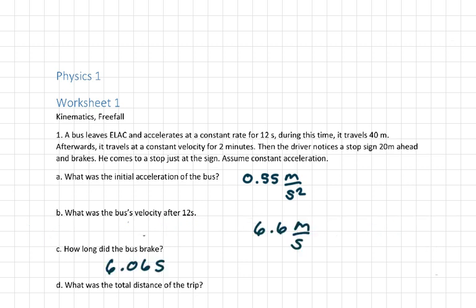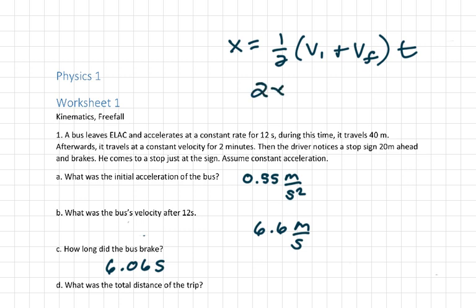Now we are asked to find how long did the bus brake, and by that they're looking for time. You should remember from algebra: one equation, one unknown. I'm looking for time, and I'm going to use that average equation. So I'll have x equals 1/2 v initial plus v final times t, and I want to solve for t.